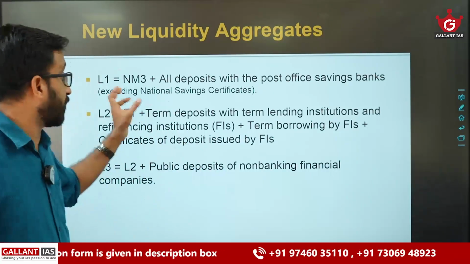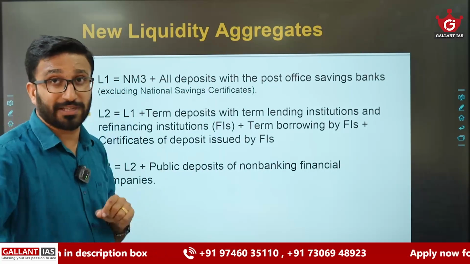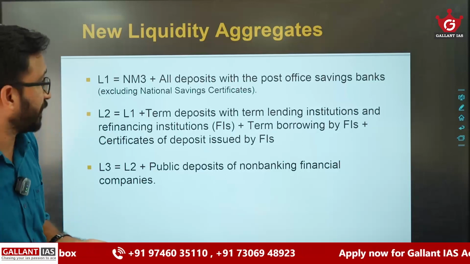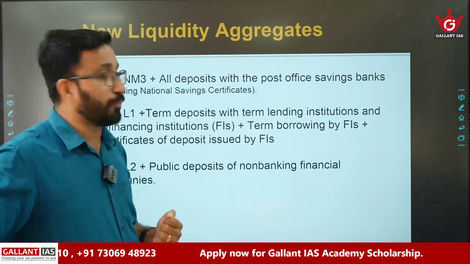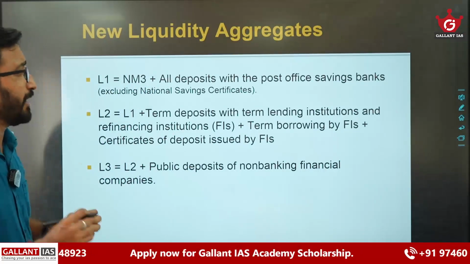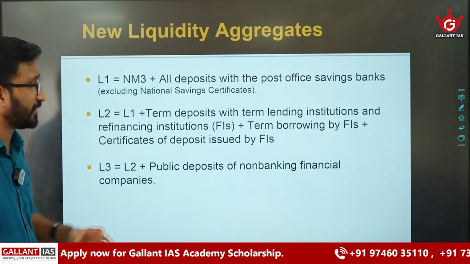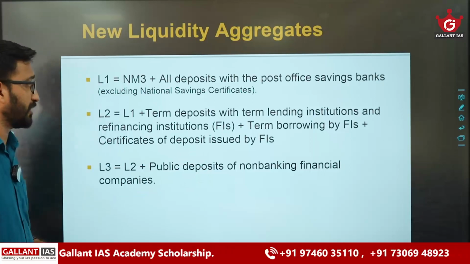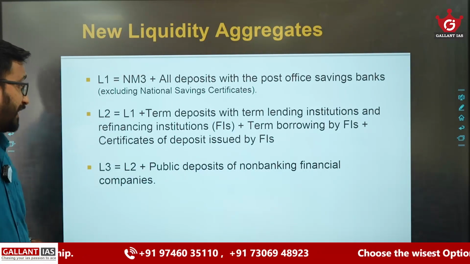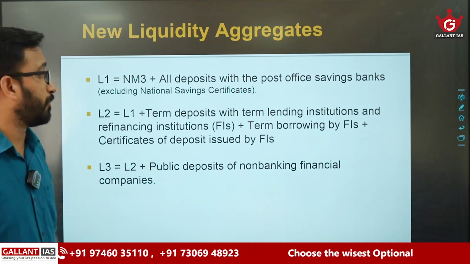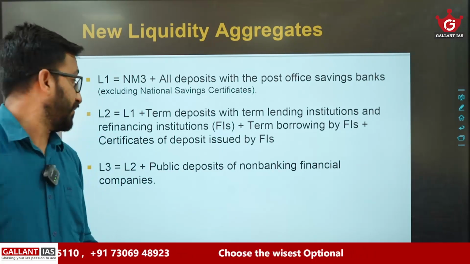That is NM3. NM3 plus all deposits with the post office savings bank except National Savings Certificates. And L2 is L1 plus term deposits with term lending institutions and refinancing institutions plus term borrowing by financial institutions plus certificates of deposit issued by financial institutions. And L3 is L2 plus public deposits of non-banking financial companies.